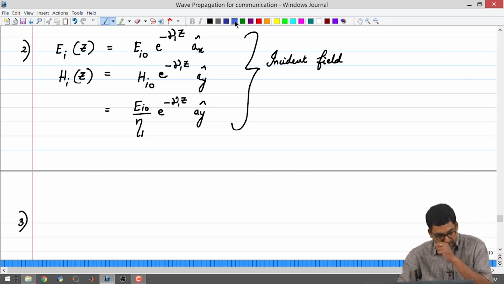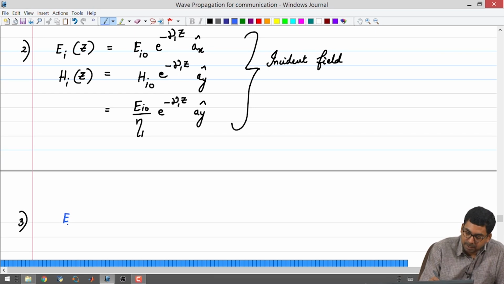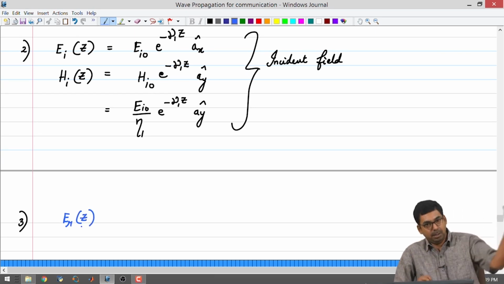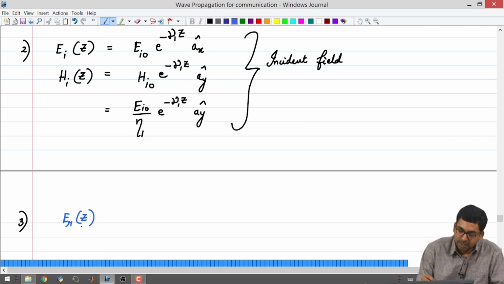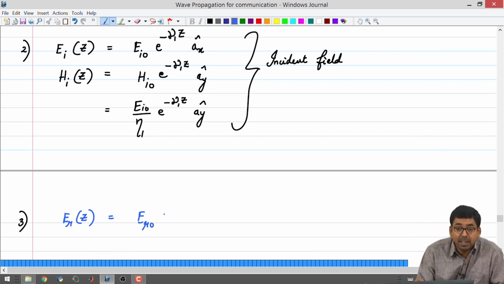Now, let us write down the expressions for the reflected field. We are going to have E suffix r, going along this direction, so it is going to have some magnitude E r naught. Once again it is travelling through the same medium, so it experiences gamma 1 z.